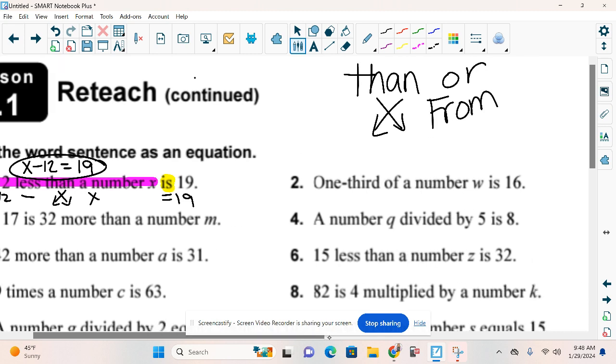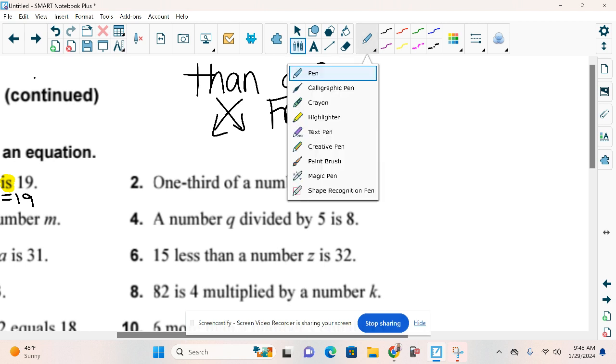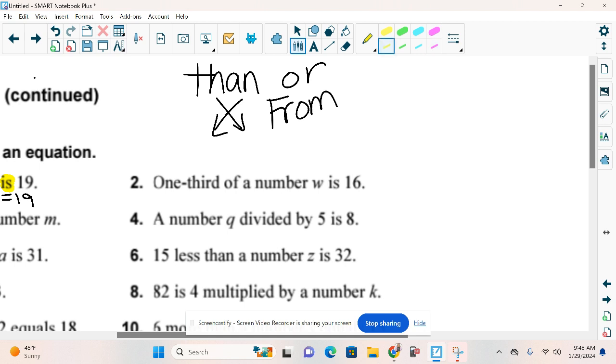Okay. Number 2 says 1/3 of a number W is 16. What's my equal word? Is. What's my problem? 1/3 of a number W. Alright. What's our key word here? Of.